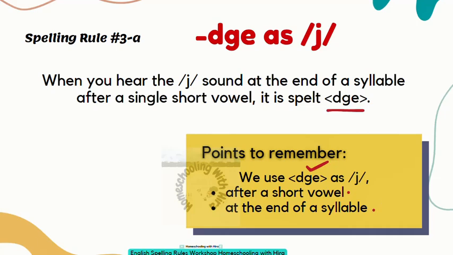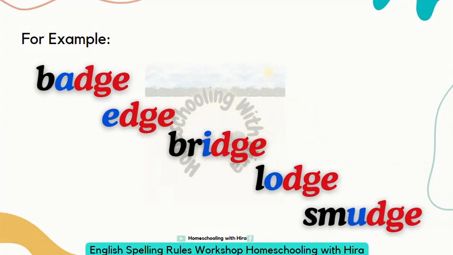Let's see some examples and you will understand it better. Our word is badge. What is the sound of this vowel? Is it a short a or the long a? B, a. Short a. So after a short vowel at the end of the syllable, this is a single syllable word, so this is the end of the syllable. Use DGE for the J sound.